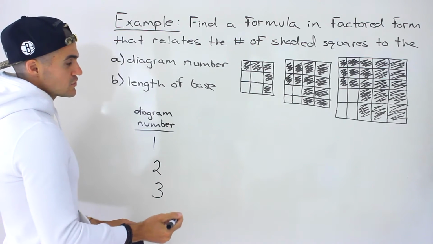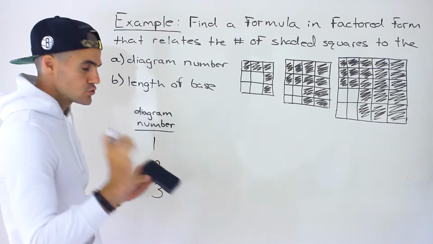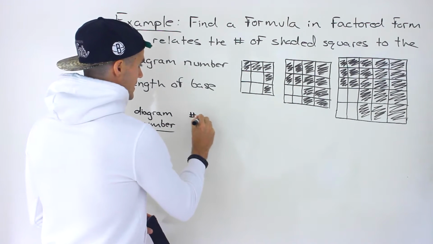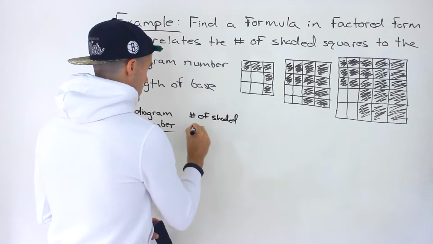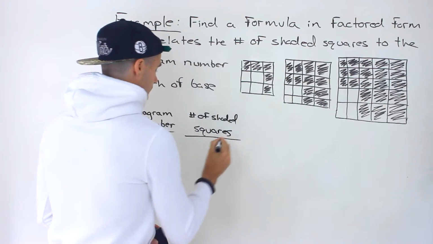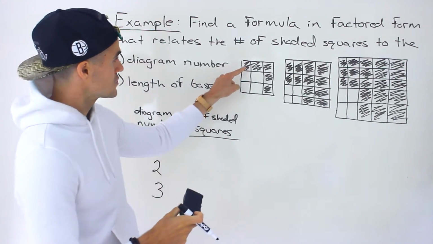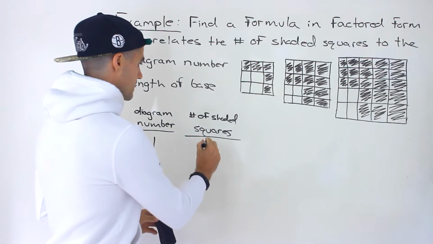Now, to get the number of shaded squares, if you remember from those videos, we could do it in two different ways. The first way is we can try to get the number of shaded squares directly, counting them directly. So let's do that first and see what we get. In the first diagram, how many shaded squares are there? 1, 2, 3, 4, 5.